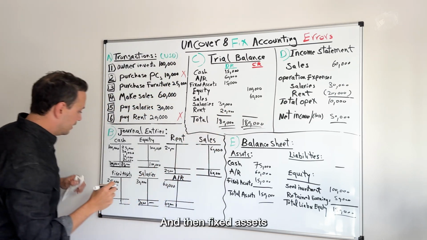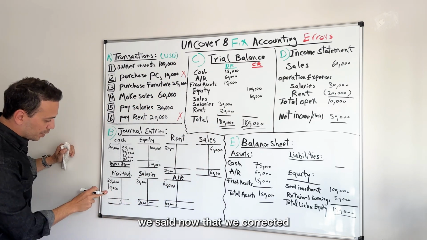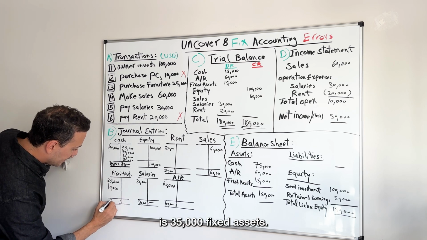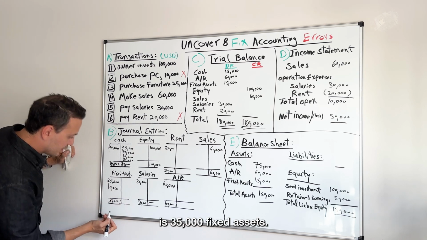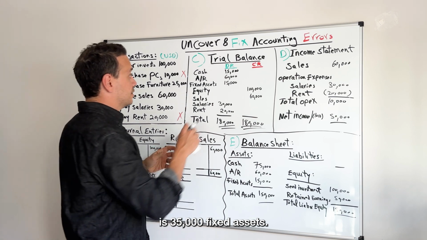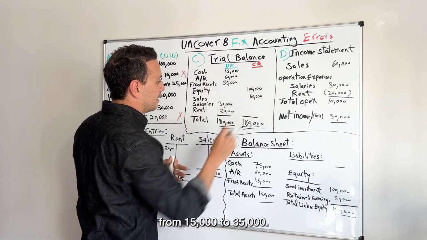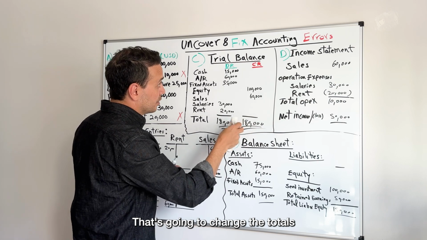And then fixed assets: now that we corrected the 10 grand, it's going to be on the debit side. 25 plus 10 is 35,000. So we're going to correct this from 15 to 35,000. That's going to change the totals for the trial balance.